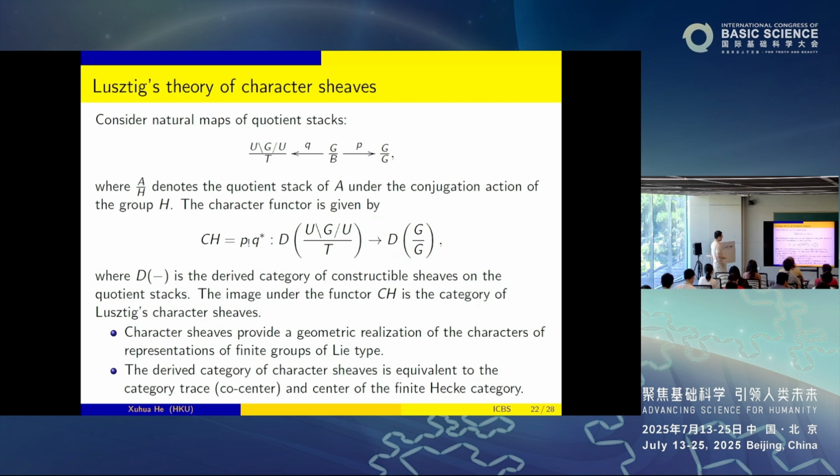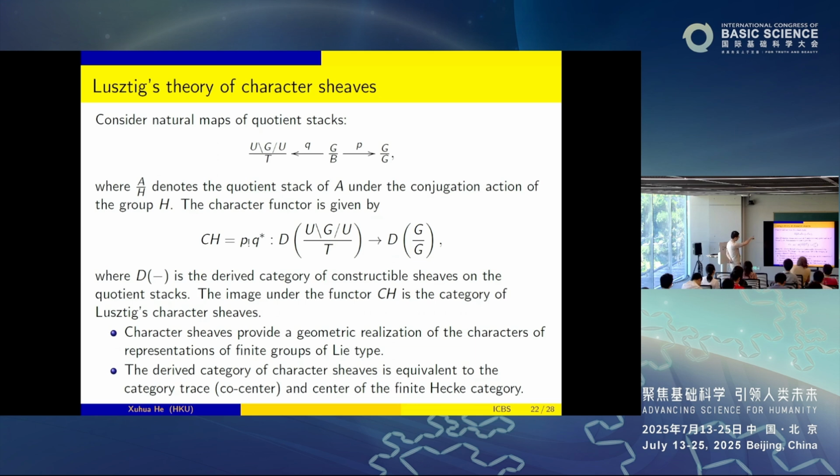Let me first introduce the notation. When I write this as a fraction, I just mean the conjugation action. And if we do the slash on the left or the right, it means that we are quotienting out by the group action on the left or on the right. So on the right-hand side, this is G quotient by G, the quotient stack of the reductive group by its conjugation action.